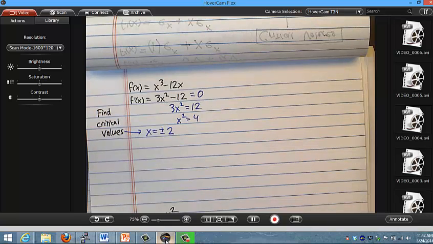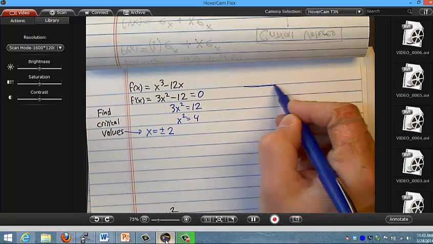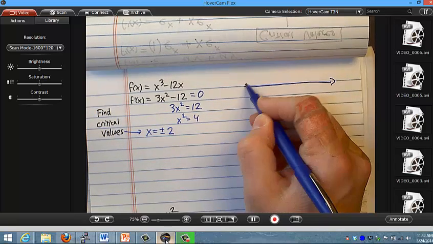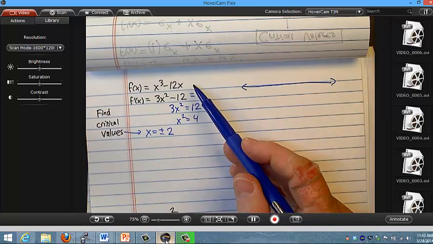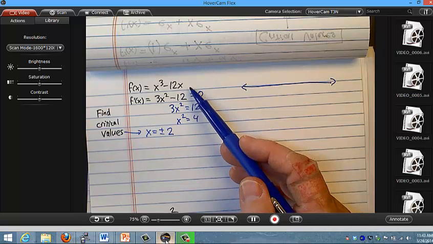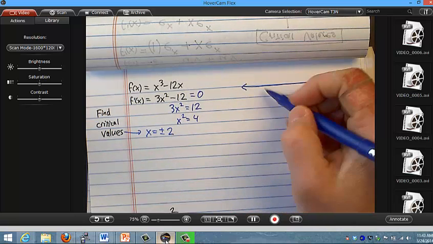Okay. So now if you want to do the first derivative test, here's what you do. You draw the number line, the entire domain. What's the domain of my original function? All real numbers. That's a polynomial. I put the critical values there.